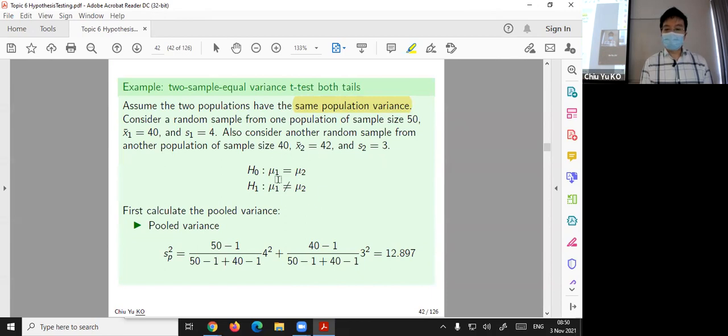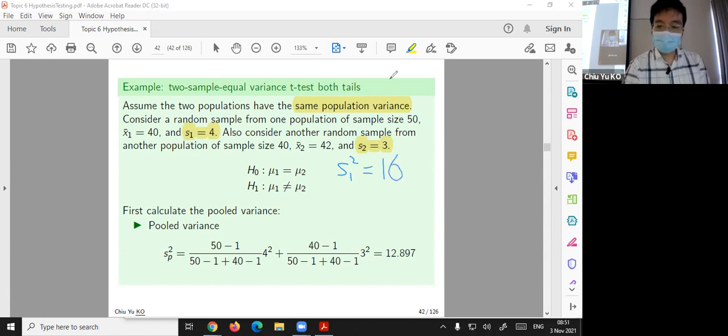So the first thing you want to do is this two-tailed test, okay? Now you have S1 is 4, S2 is 3. So that means the following: S1 squared is 16, and S2 squared is 9, okay?